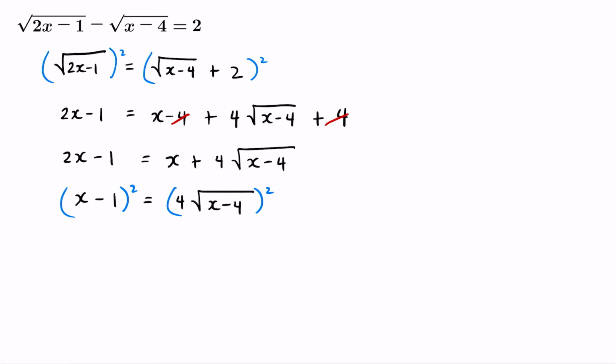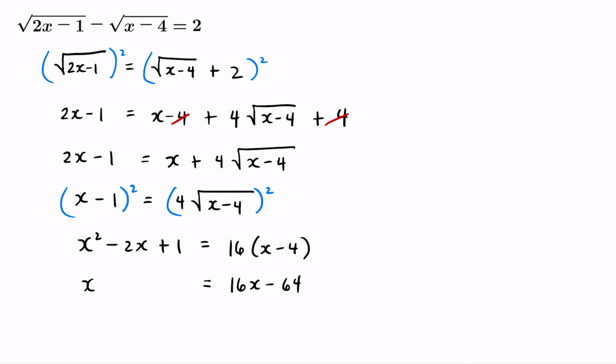And we'll get x squared minus 2x plus 1, that is the square of x minus 1. And then on the right-hand side, you square the 4, you'll get 16, and the square of this square root, you just get rid of the square root, so you'll get x minus 4. Then removing this grouping symbol, we'll get 16x minus 64.